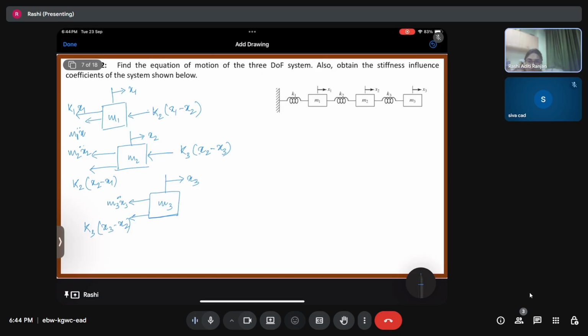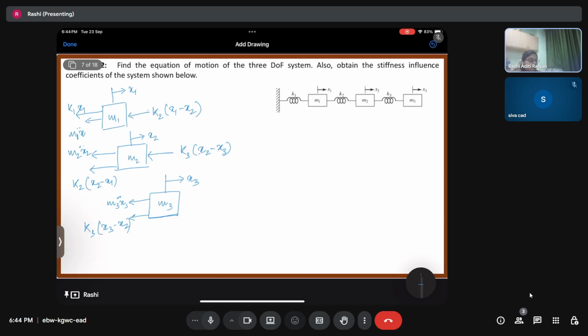Like for m1, we have k2 (x1 minus x2), the displacement of x1 with respect to x2. And then for m2, we have k2 (x2 minus x1), the displacement of x2 with respect to x1. And you can see why there is this difference of minus by equating the direction of the forces as well. Okay, I hope that is clear.